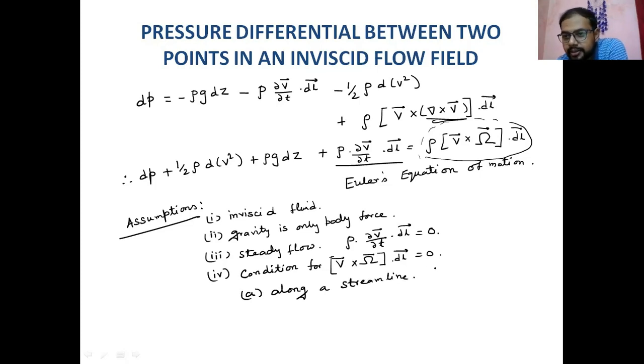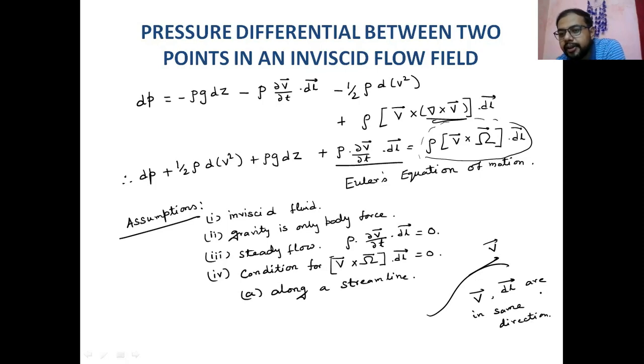If it is along a streamline, what does streamline mean? Streamline means from any point, if you draw a tangent, it gives you the instantaneous velocity. That means the v vector and dl vector are in the same direction.